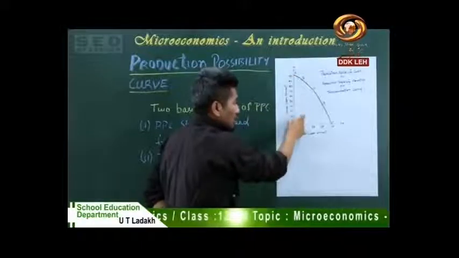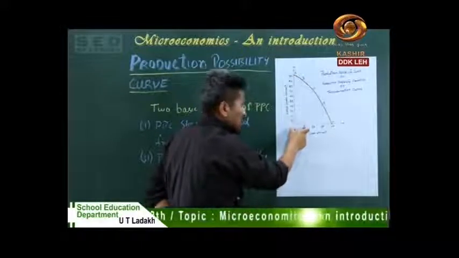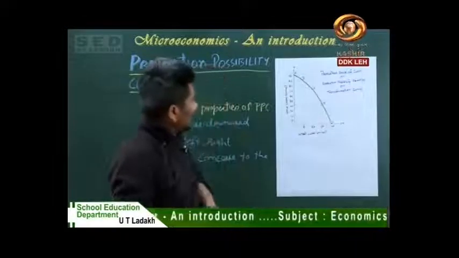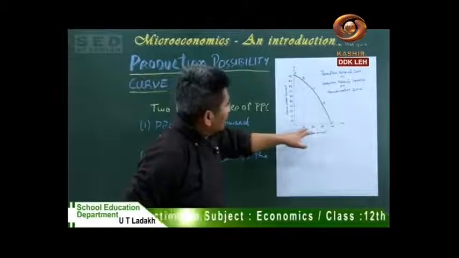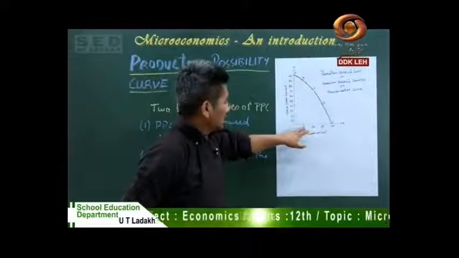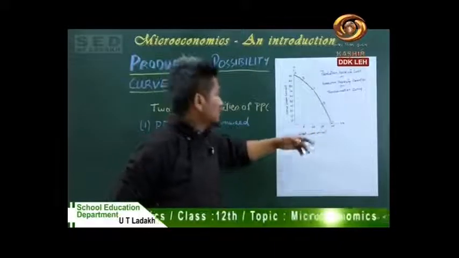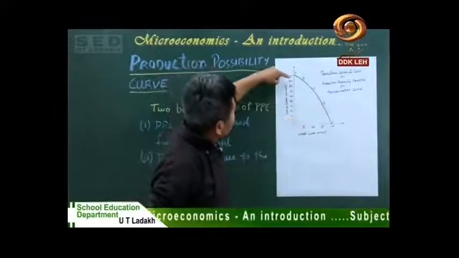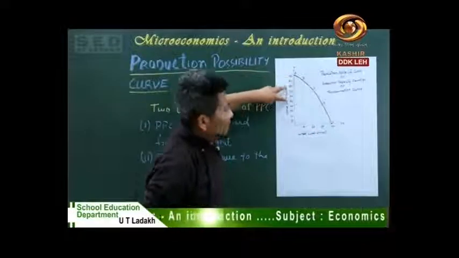And in a similar way, to increase another 10 tons of wheat from 10 to 20, you have reduced 20 tons of apples.